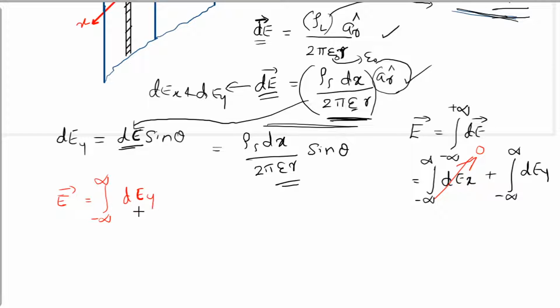Okay, now what is it? Now I have dEy. What is dEy? This is dEy: rho s dx over 2 pi epsilon r sin theta. So that is minus infinity to infinity. Just back substitute. dEy is nothing but rho s dx divided by 2 pi epsilon r sin theta.